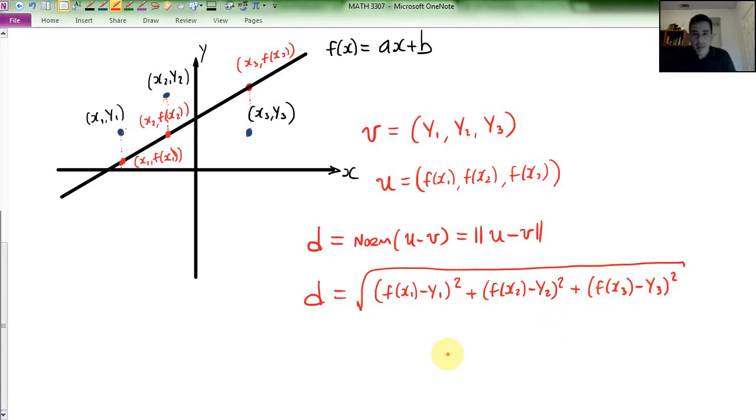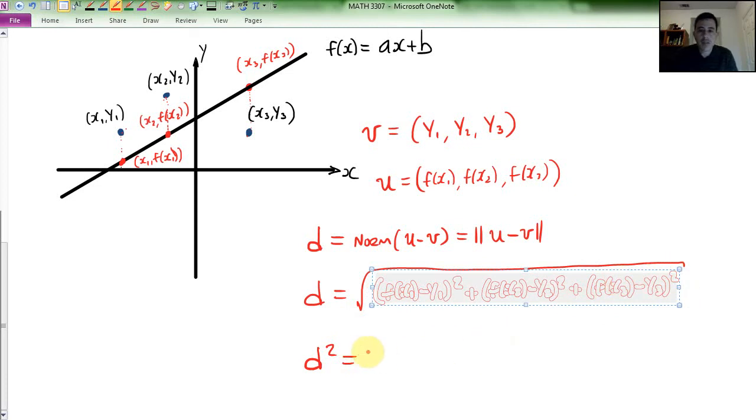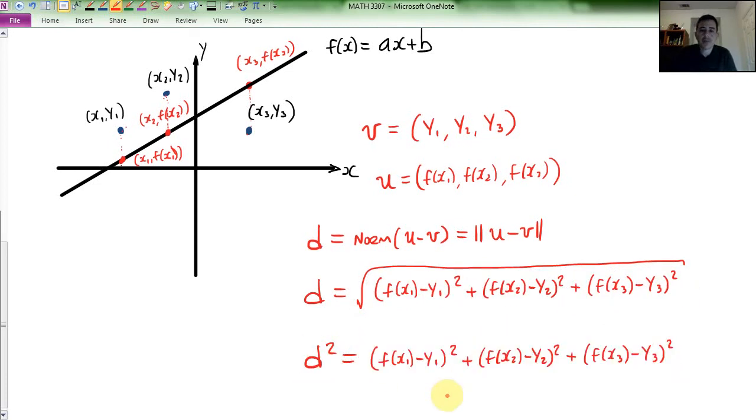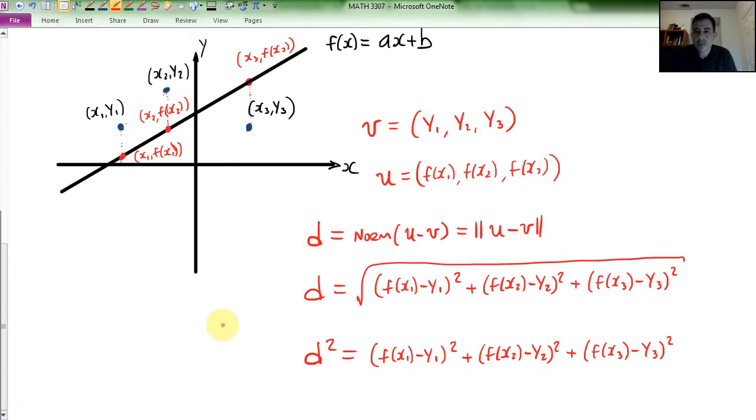And what we're going to do is to minimize the distance. We're going to square it, and we're going to minimize the square of the distance. So we can call this the new d.